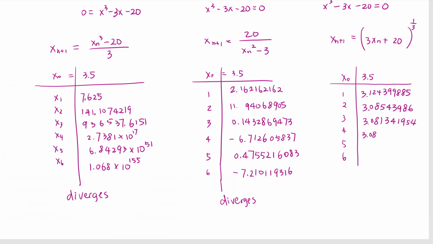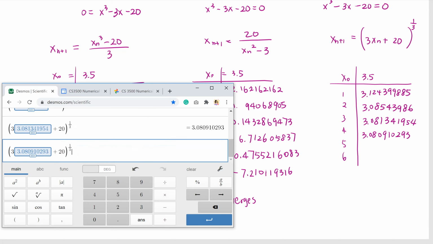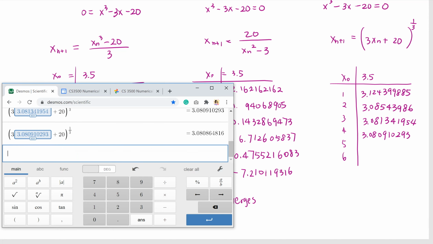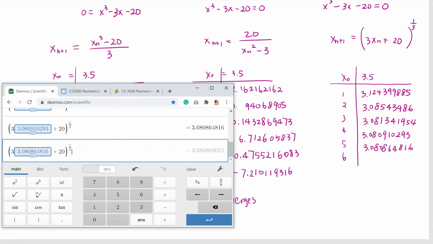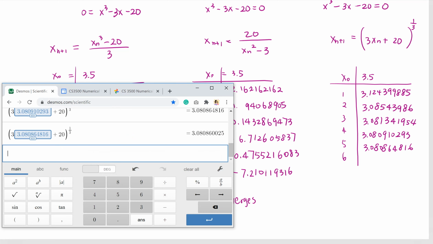And 3.0808648616. And it's converging, but it's converging slowly, right?